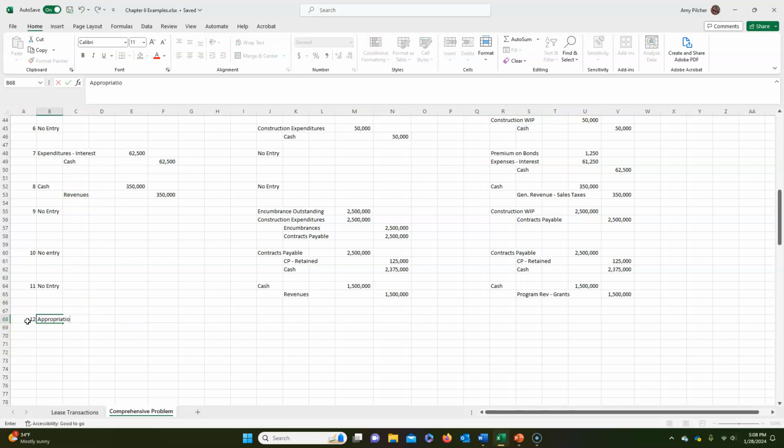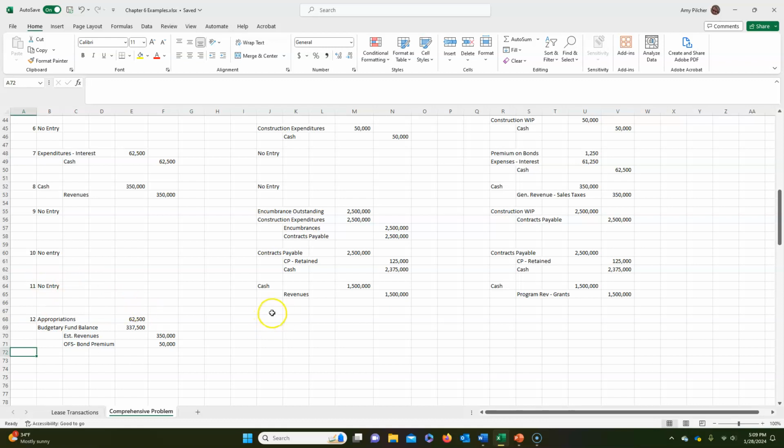We're going to close that appropriations of $62,500 and our budgetary fund balance of $337,500. Then our estimated revenues of $350,000 and our other financing sources, bond premium of $50,000.